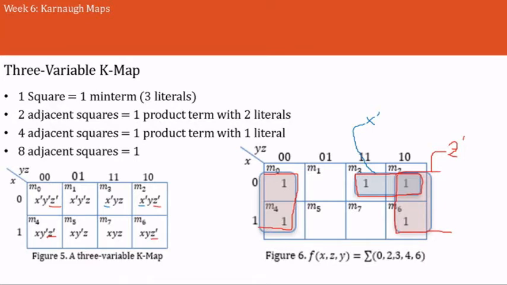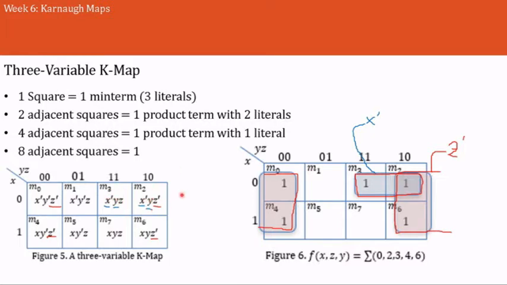So x prime is common on both M3 and M2. So take note of this. So we have here x prime, because both of them have the same value of x, which is x prime.